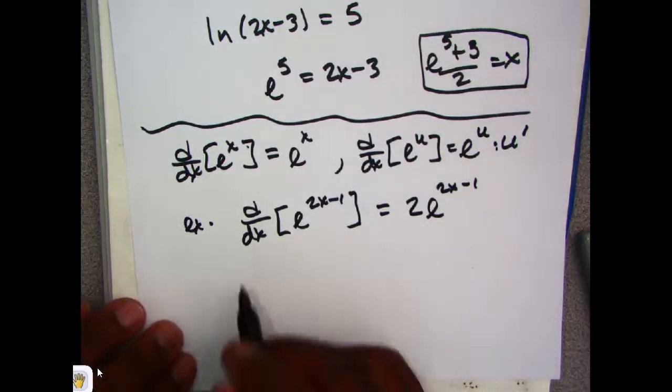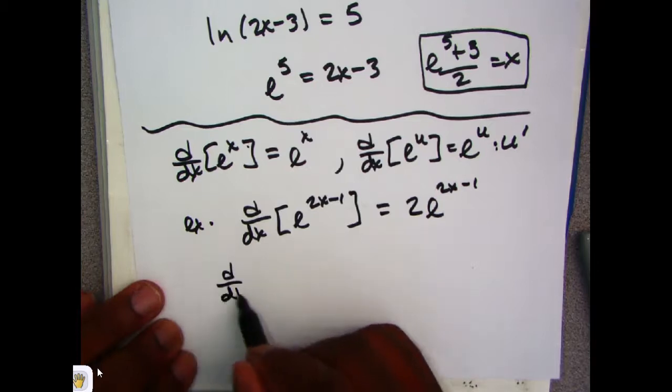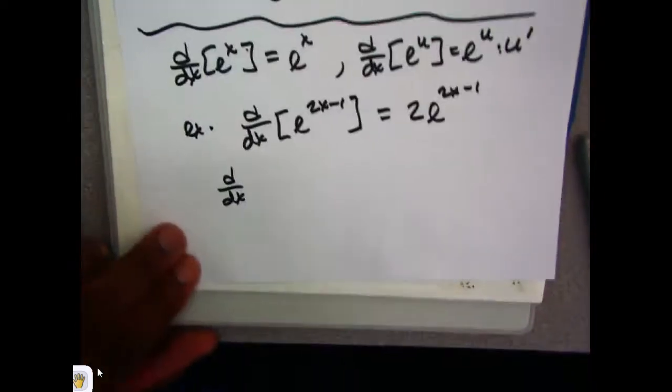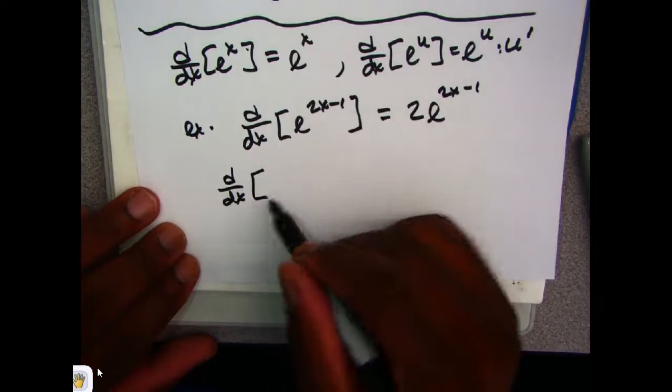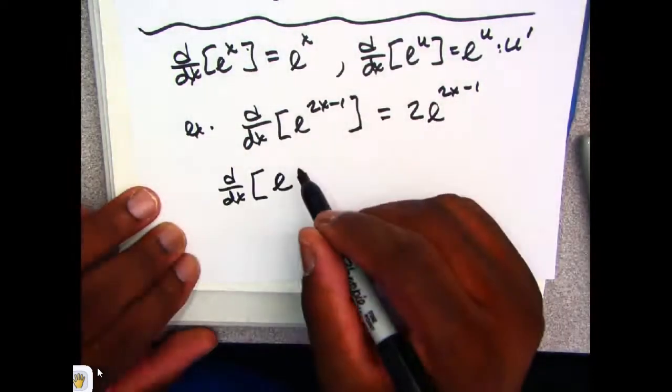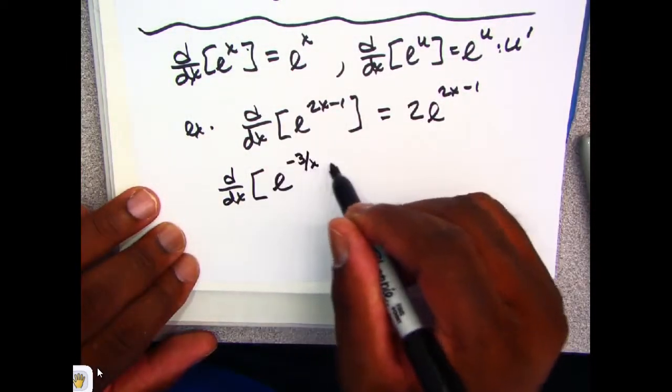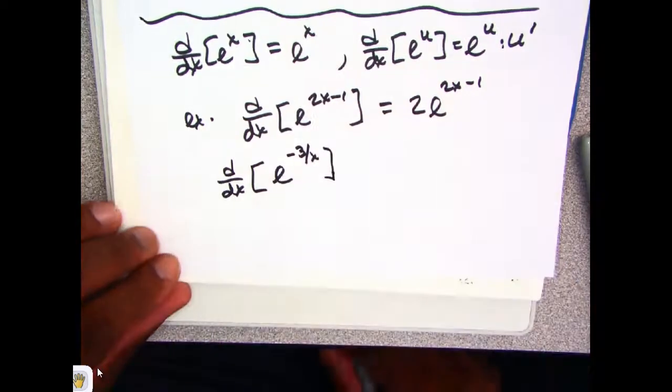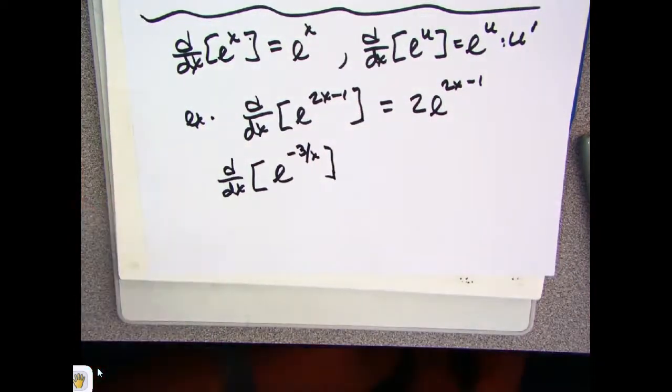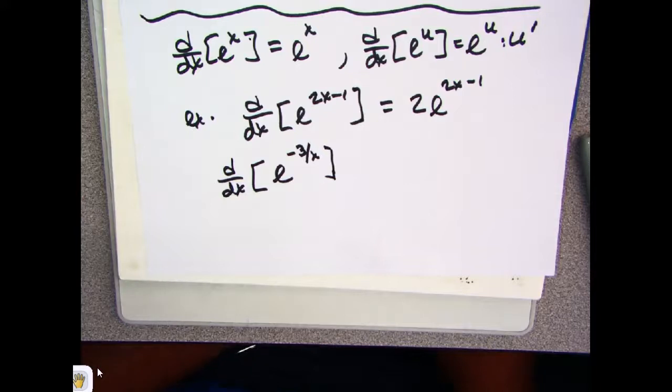Okay, now how about this one? Okay, this problem we saw on the Unit 4 test. You're going to see it again on the Unit 5 test. What's the derivative of e to the negative 3 over x?